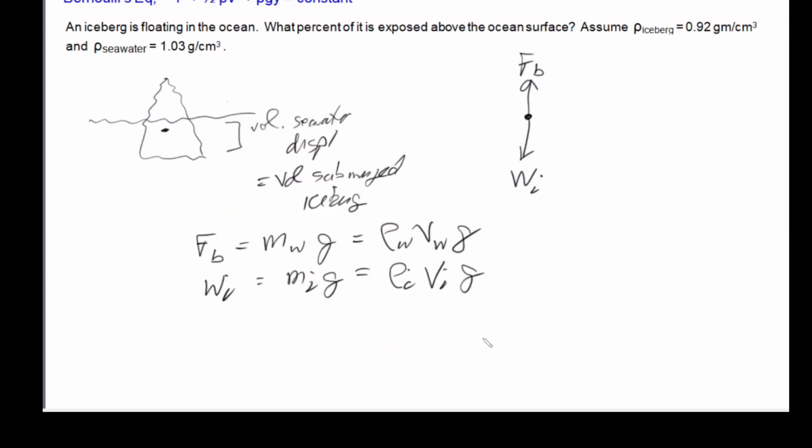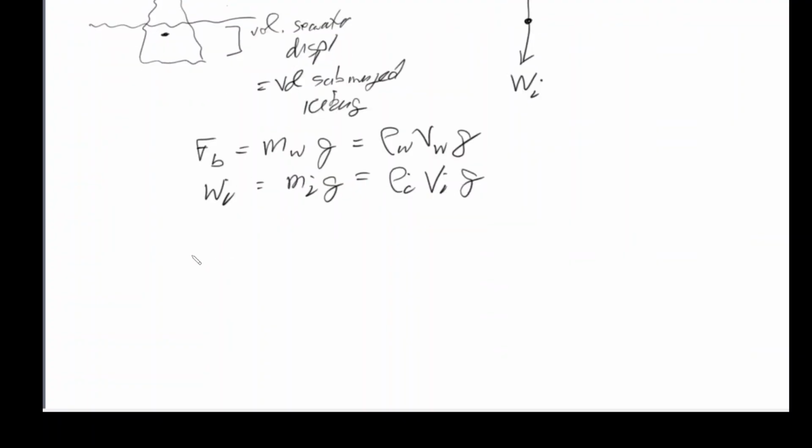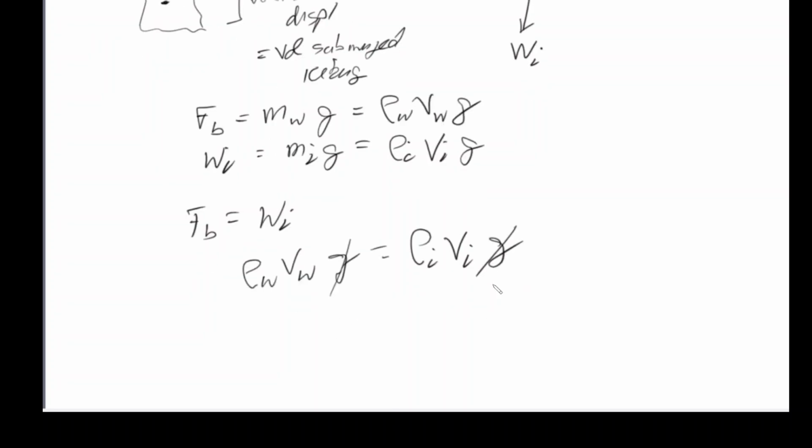So again, because the iceberg is in equilibrium, FB equals WI, or density of W times volume of W times G is equal to density of the iceberg times volume of the iceberg times G. And of course the G's cancel out.